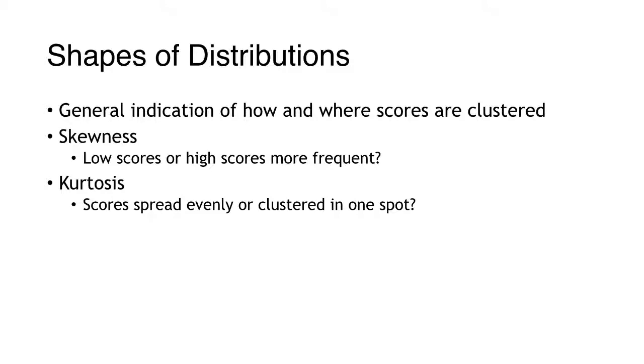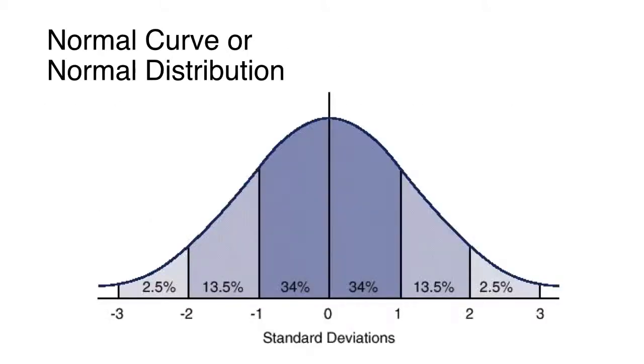And then when we look at where the scores are clustered, we can say whether they are skewed, and we can address their variability, which is their kurtosis. What the kurtosis measures is how much of a curve there is. So I talked to you about a frequency polygon.